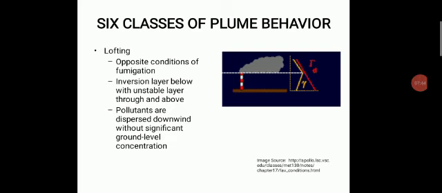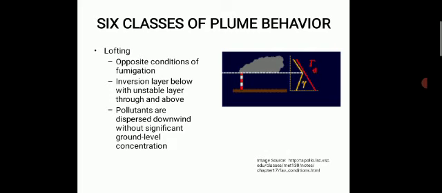Lofting is the opposite condition of fumigation. When the atmosphere is relatively stable, warm air remains above cool air and creates an inversion layer. Inversion layer below with unstable layer above. Pollutants are dispersed downwind without significant ground level concentration.